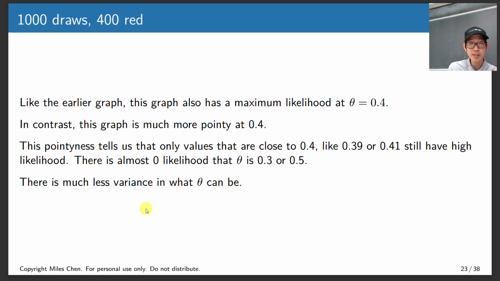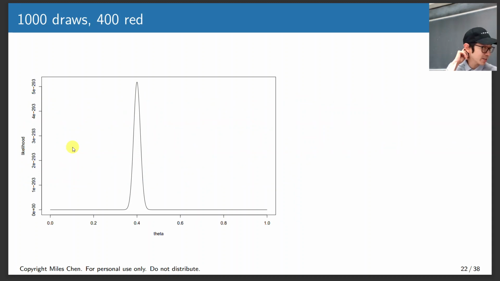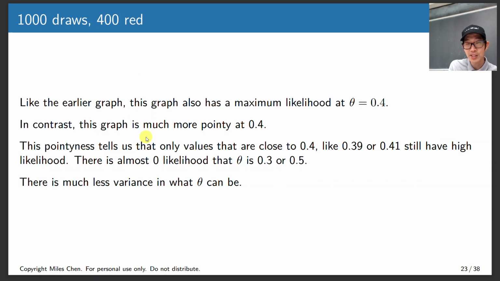Here I just say the pointiness. I don't know what the formal term is, but the graph is very pointy at 0.4, indicating that only values close to 0.4, like 0.39 or 0.41, have high likelihoods.